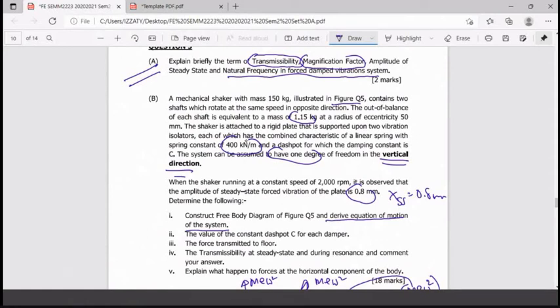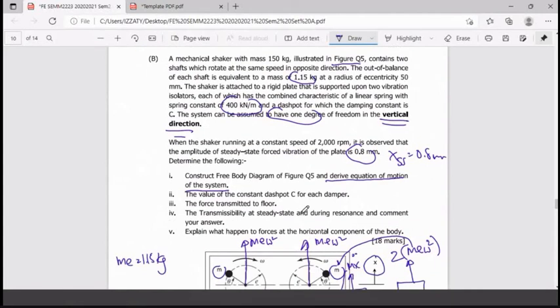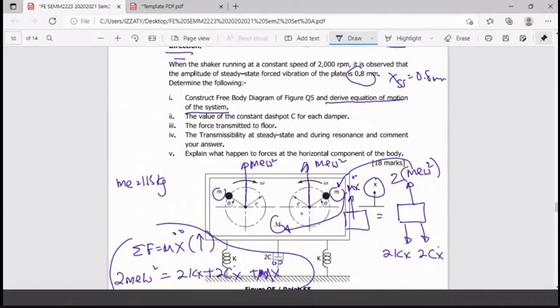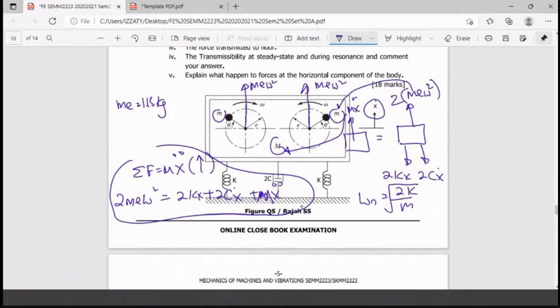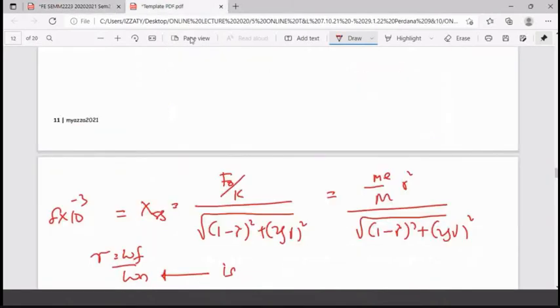This one is not the 400 because you have 2K here. Look at here, 2K. So you have omega N is equal to square root of 2K by the big M. This one is capital M, the big M. Okay, you have the omega N.